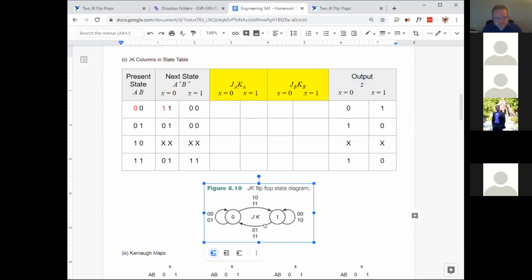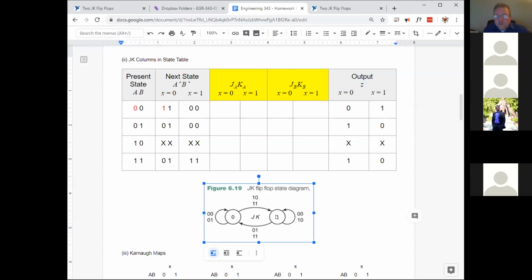Here's how it goes. If we're trying to go from A being 0 to 1, I look down here and I put my arrow here on 0. That's the value of A, and I want it to become 1. There's two ways that I can get it to flip over from 0 to 1.